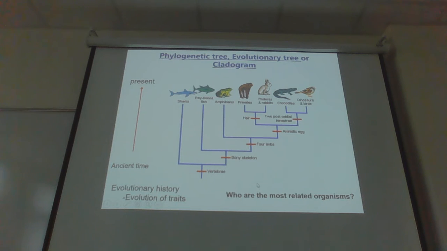So who are the most related organisms here in this cladogram? I'm asking you which two groups are most directly related to one another, according to this cladogram or phylogenetic tree.